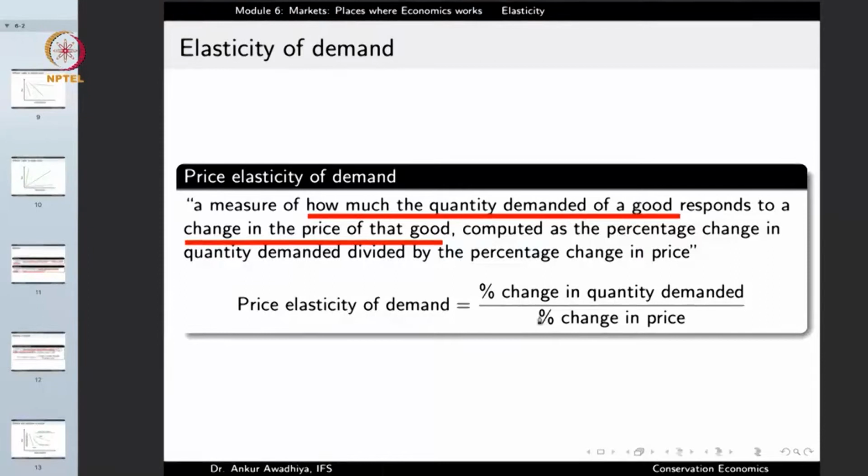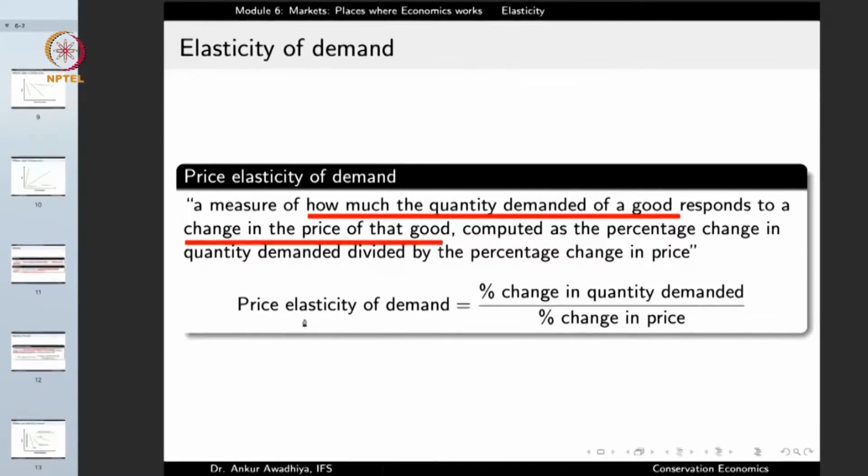So it is possible that in place of eating 20 vanilla ice creams, you are eating just 2 or 3, or not eating any vanilla ice cream. Now when that happens, there is a small change in price, but there is a big change in the quantity that is demanded.